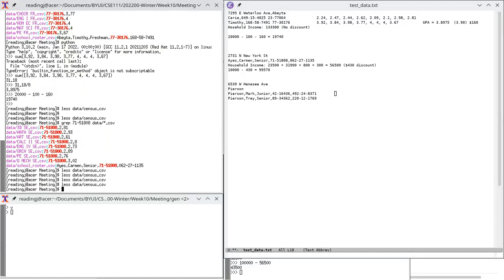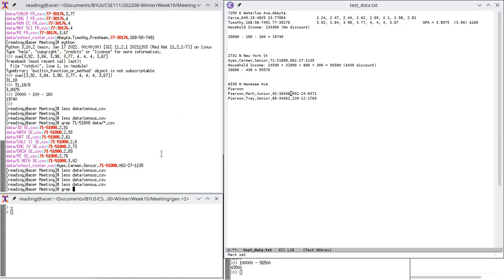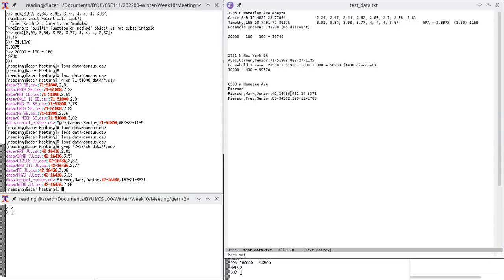So let's grep. There's actually a reason why the find command is called grep. It's kind of a nerdy thing, but it's kind of hard to tell if this is a he or a she. Mark Pearson. Probably a he.